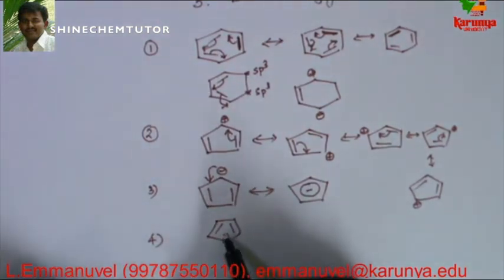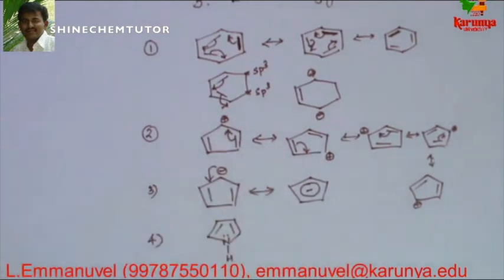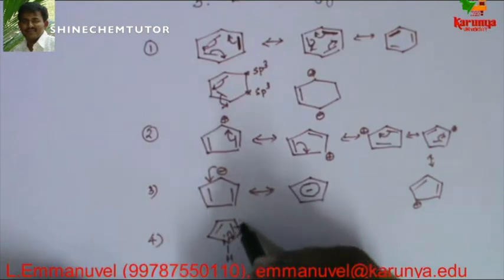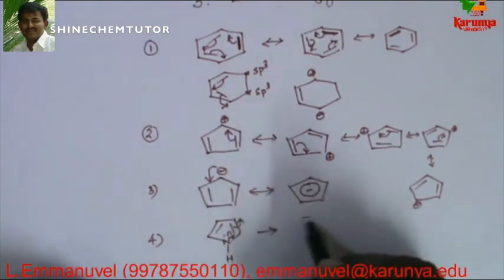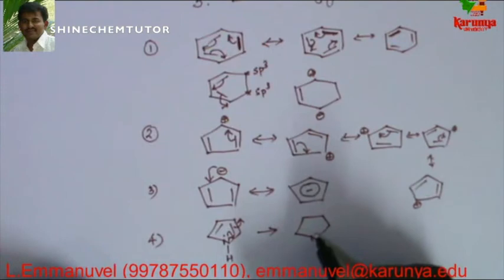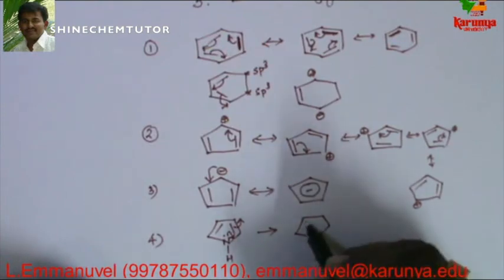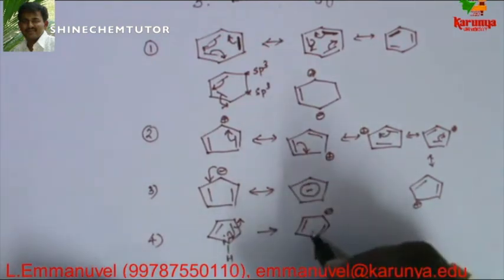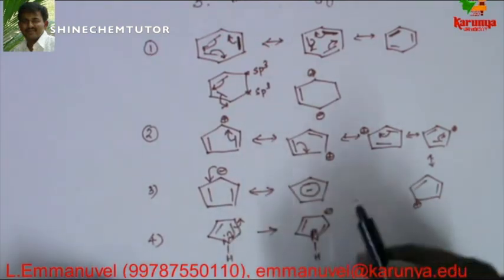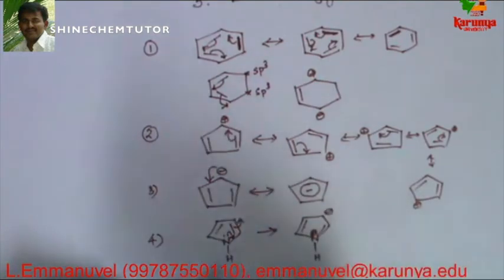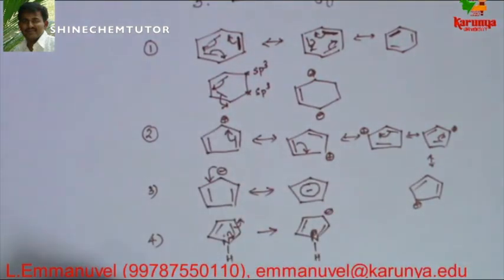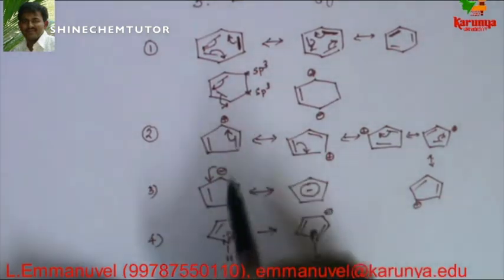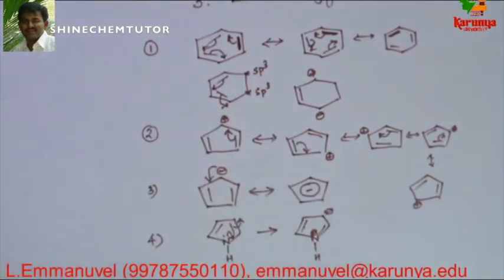This lone pair of electrons can also be involved in extended conjugation. But when it is involved in extended conjugation, what you get is a localized positive charge and a minus charge which can be delocalized on all the other carbon atoms. So that also is possible. Now it is similar to the cyclopentadienyl anion.